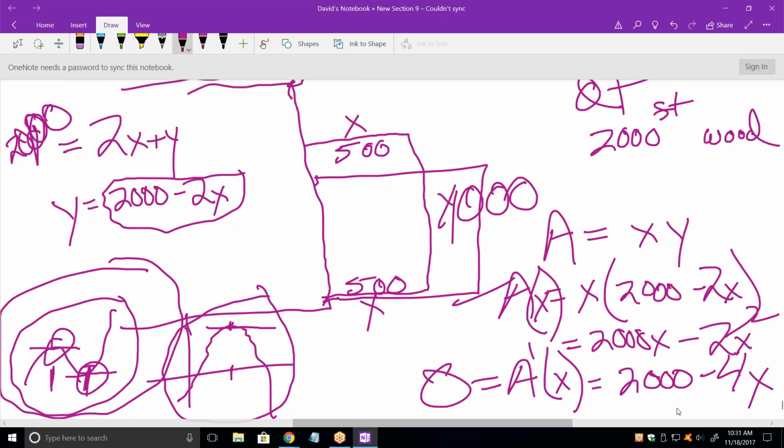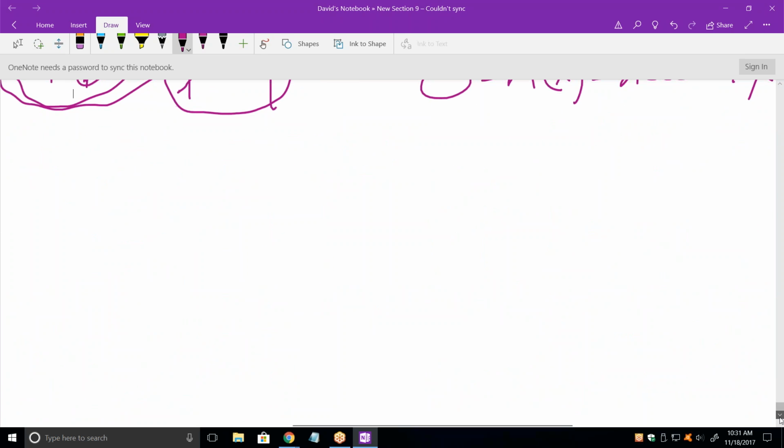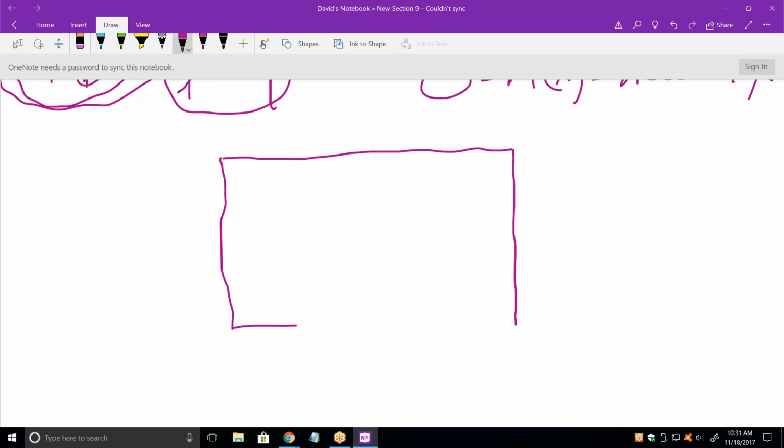There are some other classic optimization problems. Let me talk about one that you would not be able to solve without calculus. You've probably seen this. You have a piece of cardboard, 8 by 11.